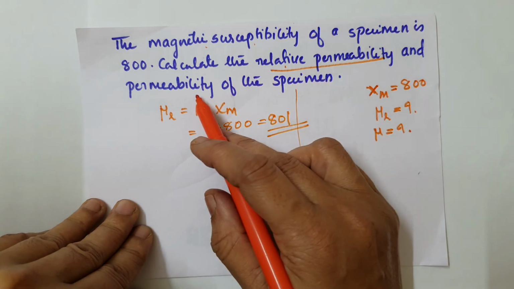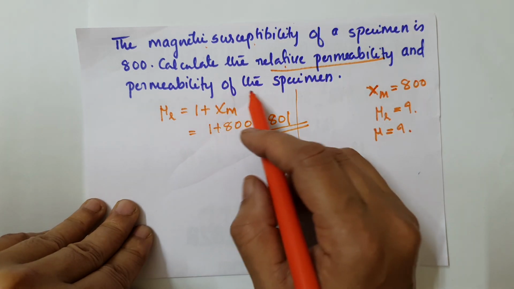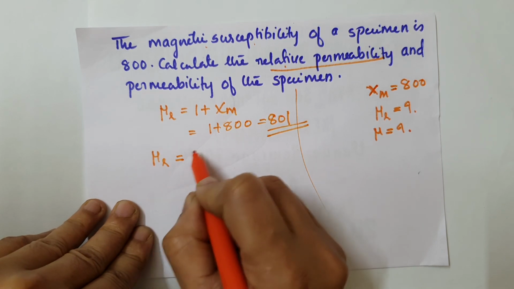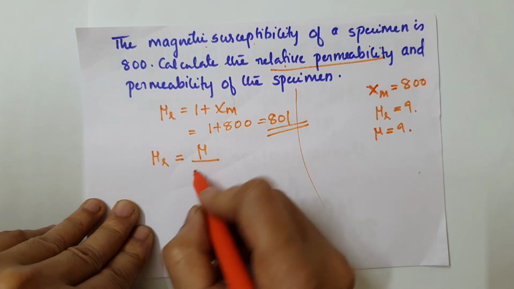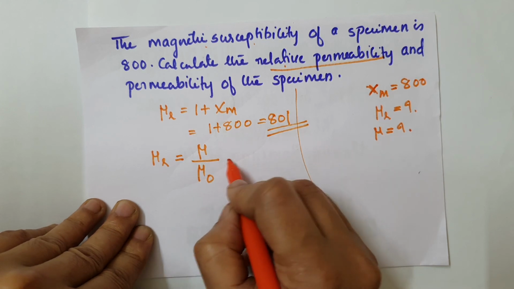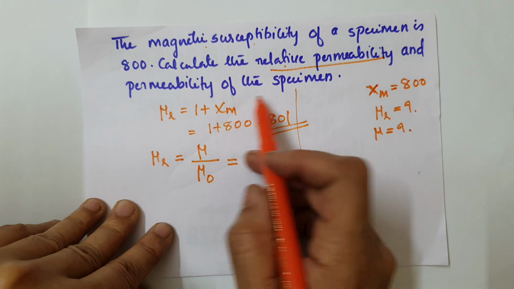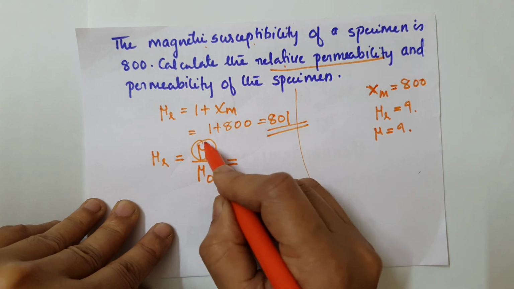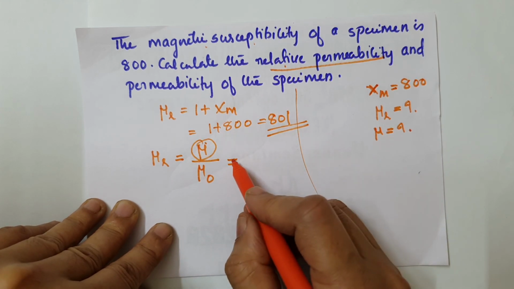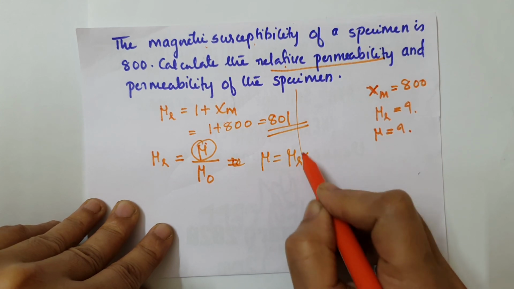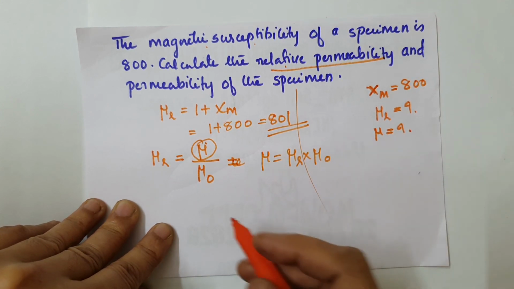Then find out the permeability of the specimen. We have the relative permeability mu r is equal to the permeability of the medium divided by permeability of free space. Here we have to find out the permeability of the specimen mu. Therefore, mu is equal to relative permeability into mu 0.